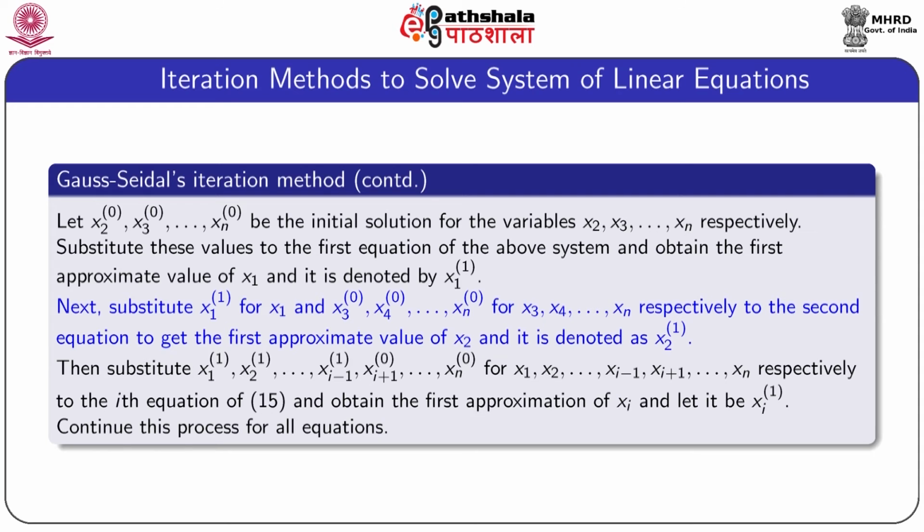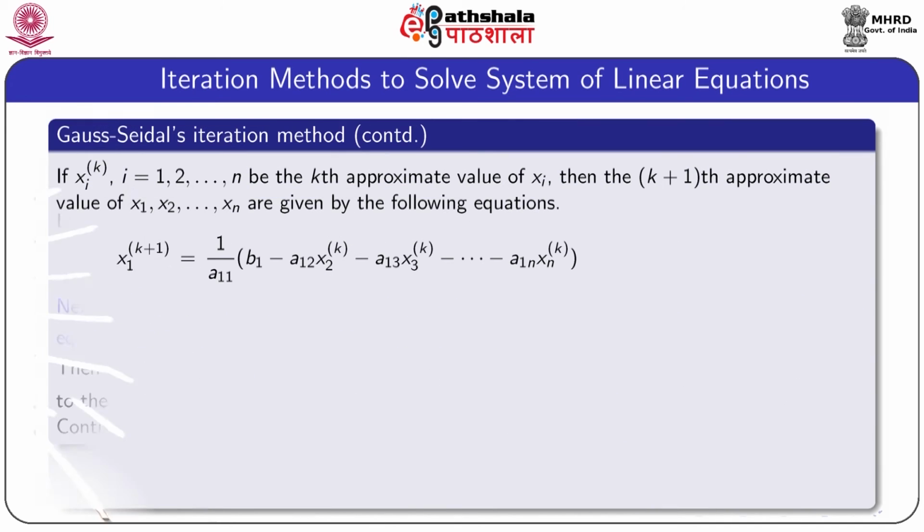Continue this process for all equations and we obtain the first approximate solution for the given system of equations. If xi^(k) is the kth approximate value of the variable xi, then the (k+1)th approximate values of the variables x1, x2 up to xn are given by the following system of equations.